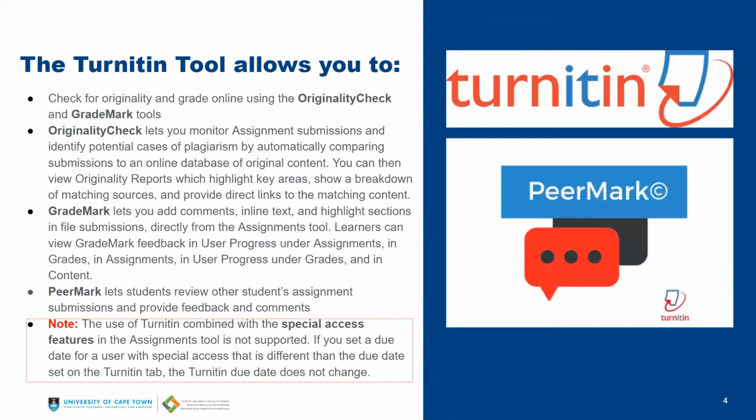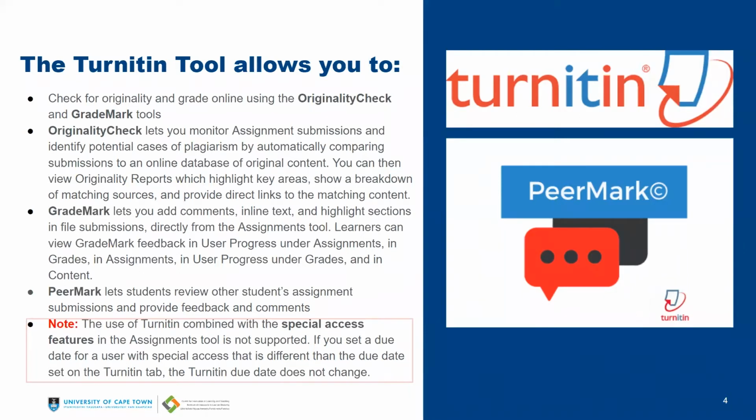So what does the Turnitin tool allow you to do? Effectively, I'm sure most of you are familiar with Turnitin for the originality checks. This is applied to assignments, the tool where the longer submissions are submitted, and it checks for plagiarism. They call it the originality check, but effectively it's checking for plagiarism.